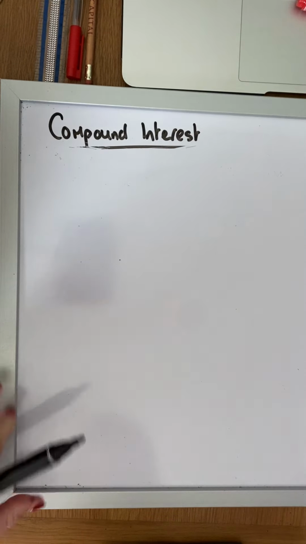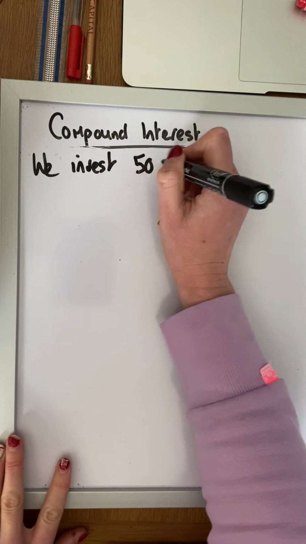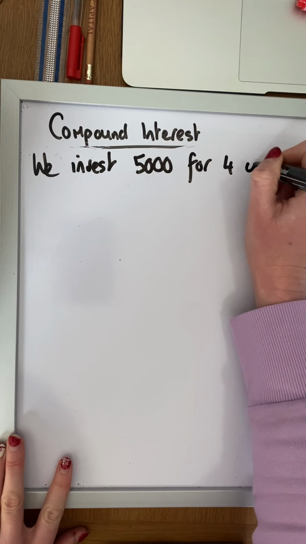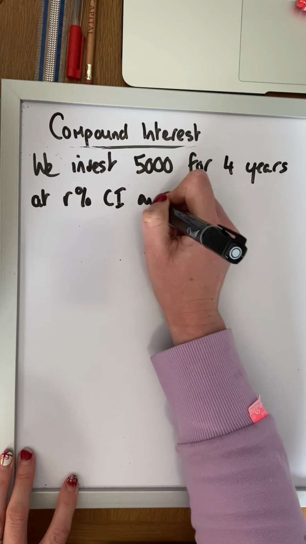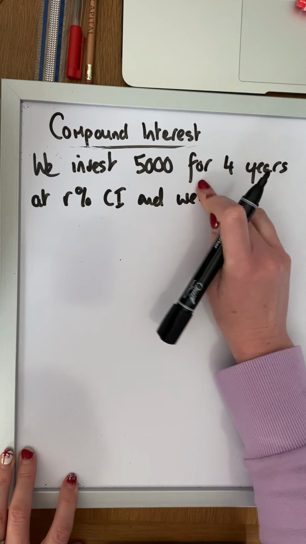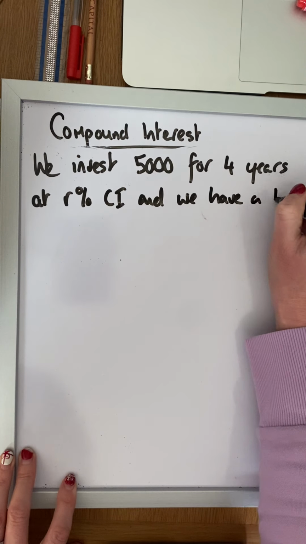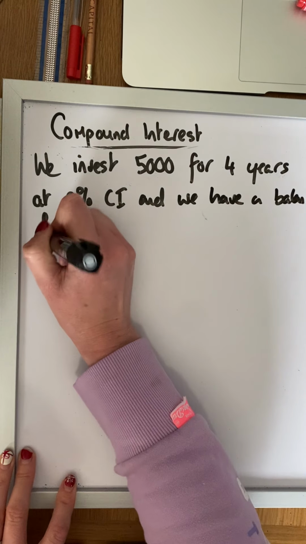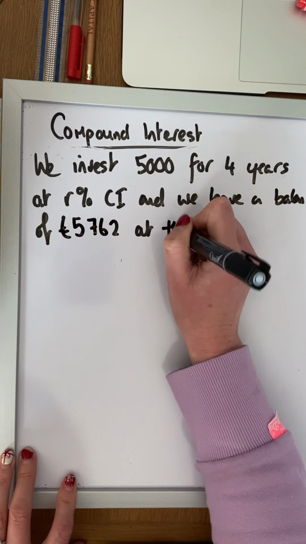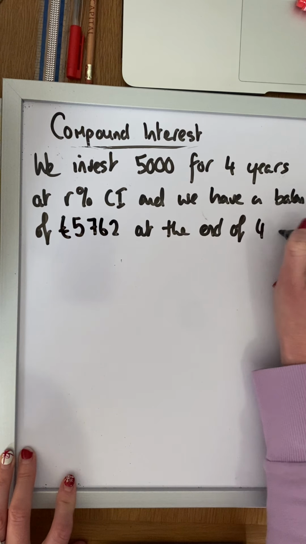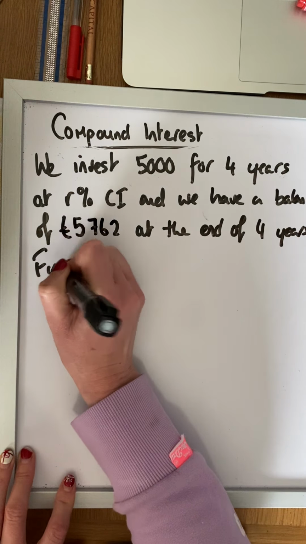So in this type of question, we invest €5,000 for 4 years at R% compound interest, and we have a balance of €5,762 at the end of 4 years. Find R. So this is where our percentage is missing.